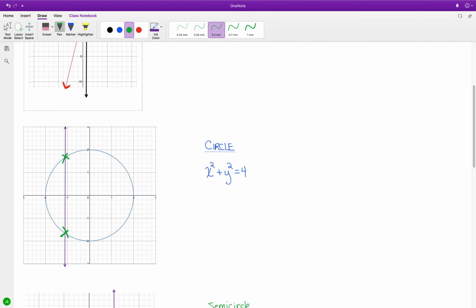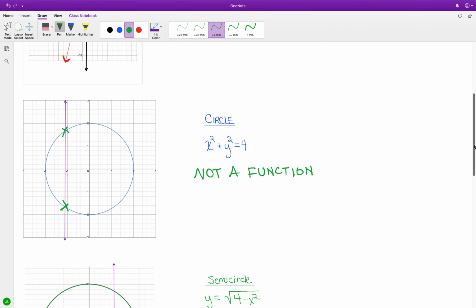Since we have intersection at more than one point, a circle is not going to be a function. It does not satisfy the condition that for each x value there is only one y value, and so a full circle does not fit the bill.